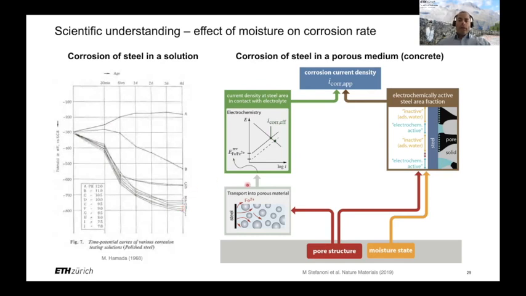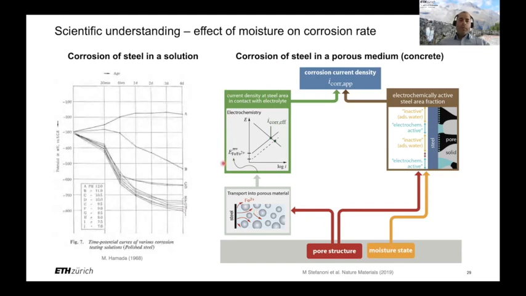There is a dual influence of the pore structure in this. On the one hand, the pore structure plays a role in how the moisture is retained in the system. On the other hand, the pore structure affects how ferrous ions that are released in the corrosion reactions can move away from the metal. The easier it is for these ferrous ions to move away from the metal, the easier it is for the corrosion reaction to go on.